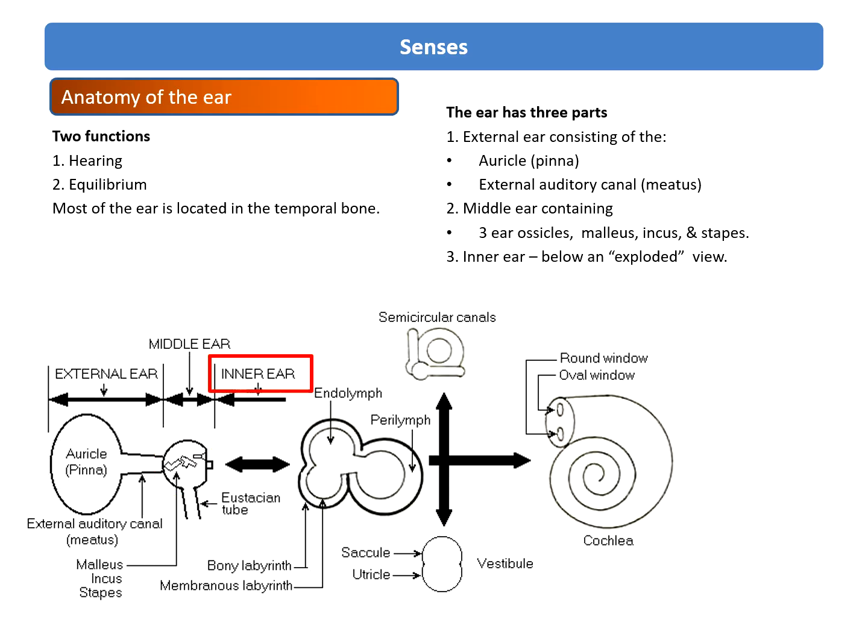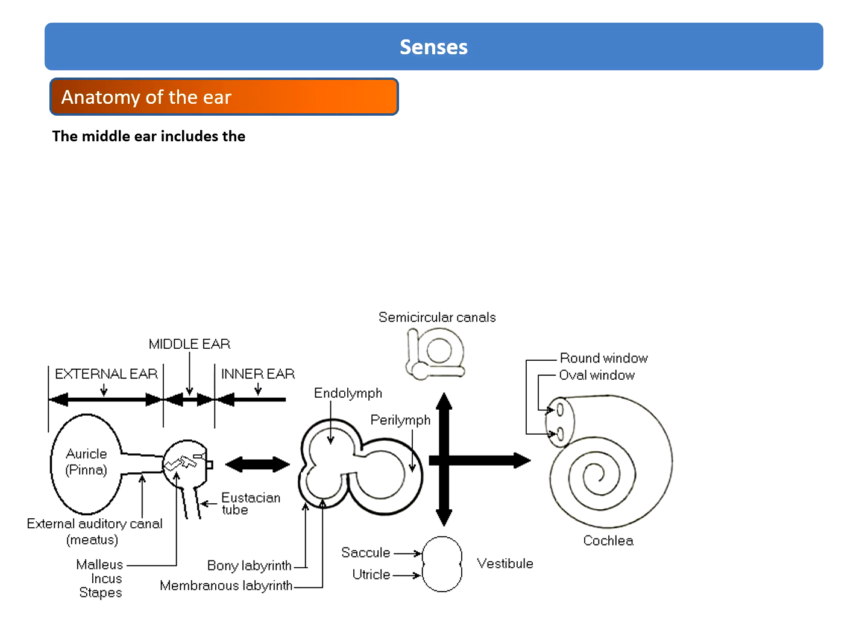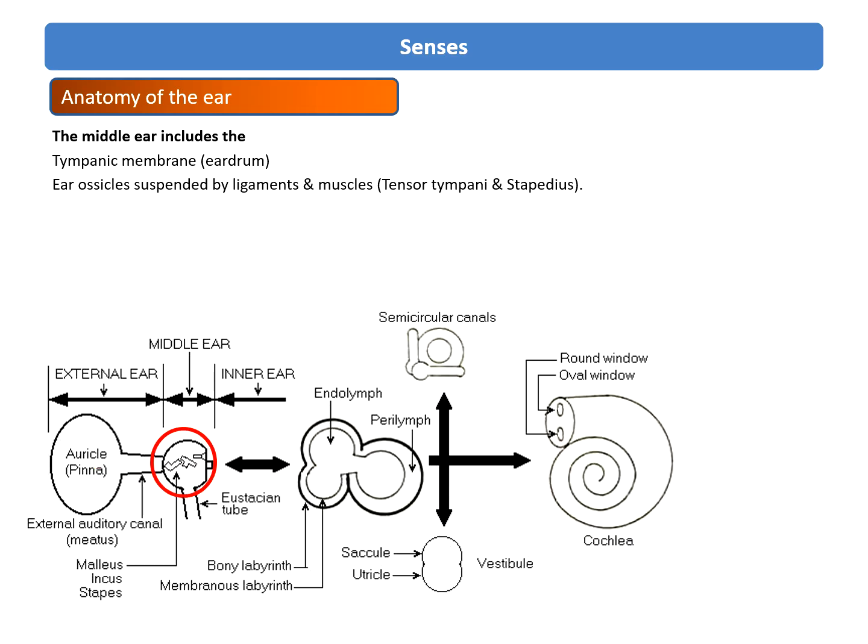The inner ear is a little more complex, so I've separated the various parts. Keep in mind, it doesn't really look like that. The middle ear includes the tympanic membrane, that's the eardrum, and the ear ossicles, as we mentioned, which are suspended by tiny muscles and ligaments.